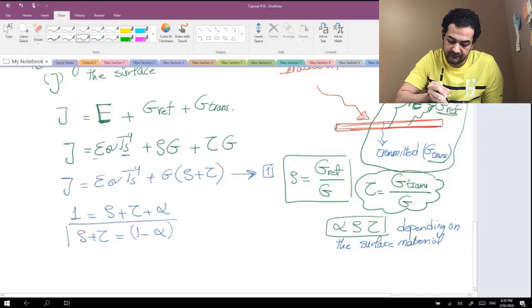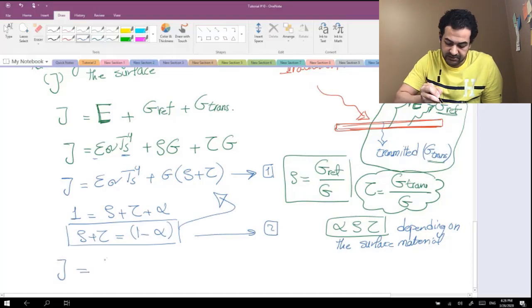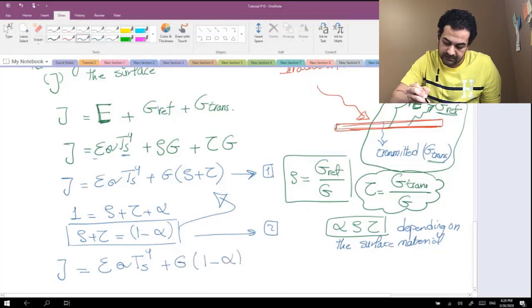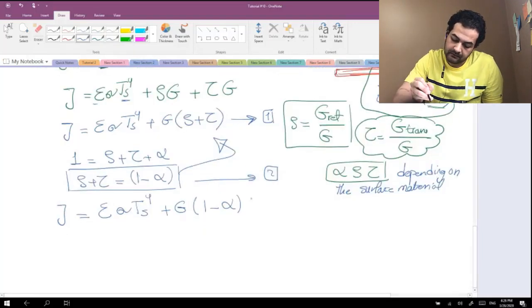So if the absorbance of any surface is given to you, this is equation number 2, the general equation: epsilon sigma Ts to the power 4 plus G times (1 minus alpha), right?